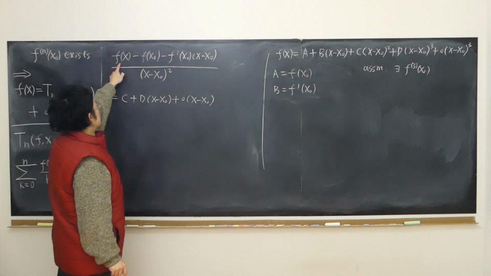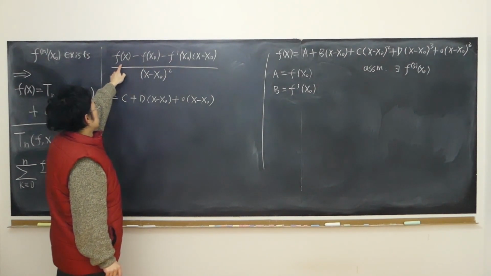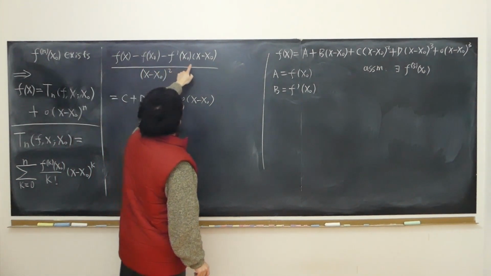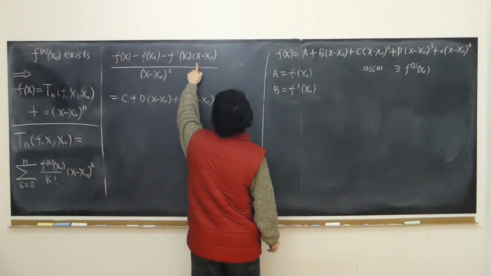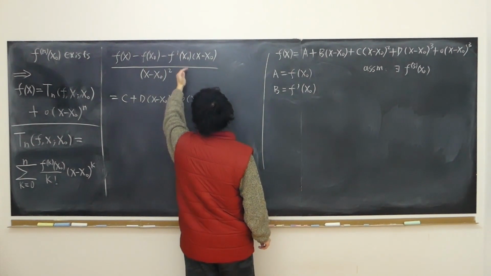Therefore, the limit as x approaches x naught of f of x should exactly equal f of x naught, so they just cancel out. We're left with this one, which approaches 0. So 0 minus 0, still 0 on the top: 0 over 0, an undetermined form.